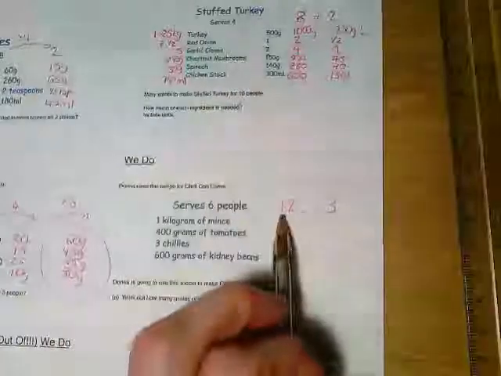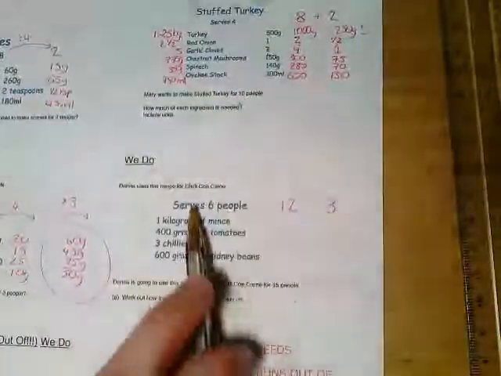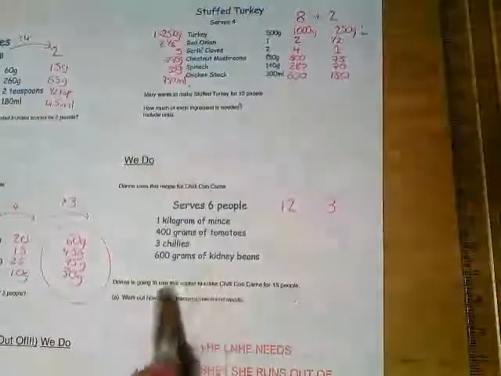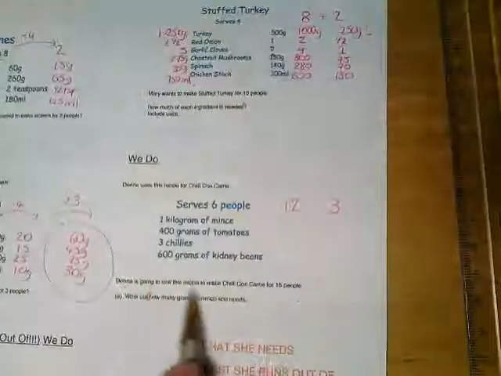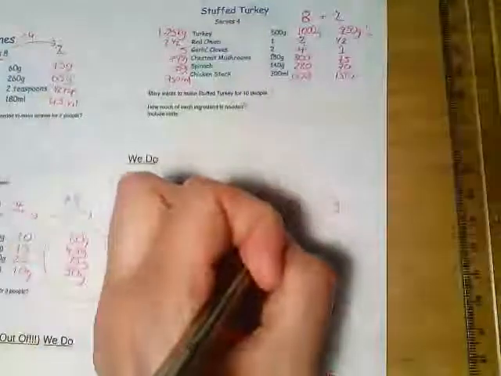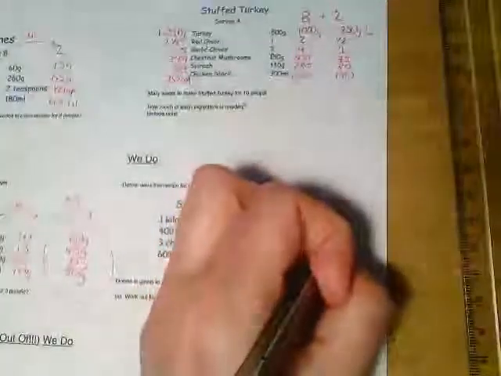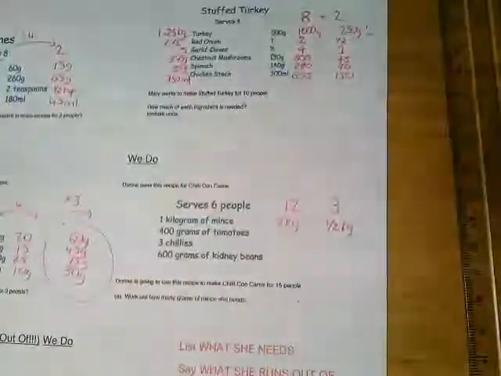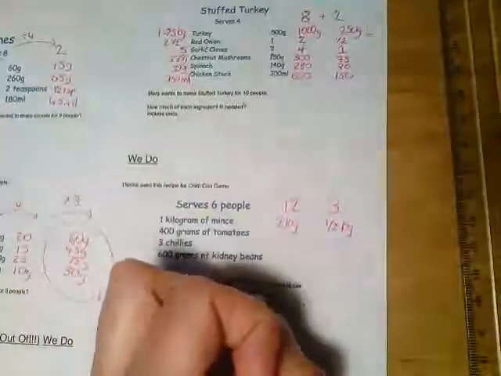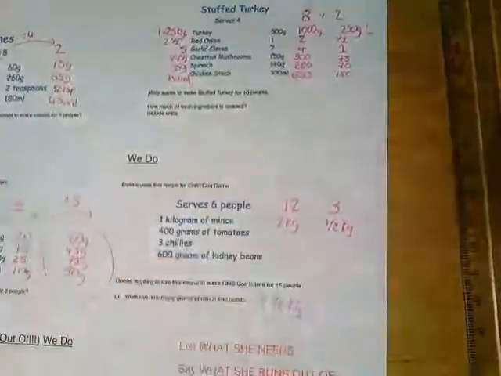So adding those 2 together would give me the recipe for 15 people. Now I only need to know about the mince, so I need to double 2 kilograms, and I need to halve a kilogram. I need 2.5 kilograms.